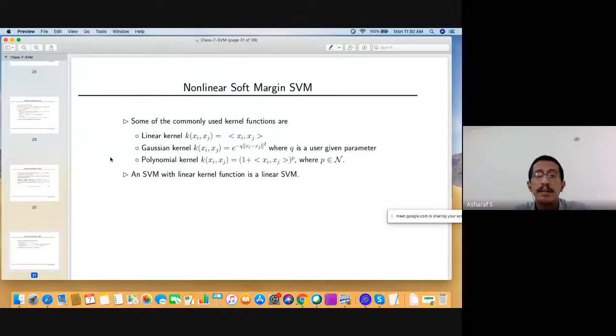These are trivial kernel functions, and in most practical cases the Gaussian kernel works. For those who are interested to go further, the Gaussian kernel has an infinite dimensional representation. If the kernel applied is the Gaussian kernel, the actual transformation happening is to an infinite dimensional space, and there is enough explanation available on the internet for those who want to explore further.